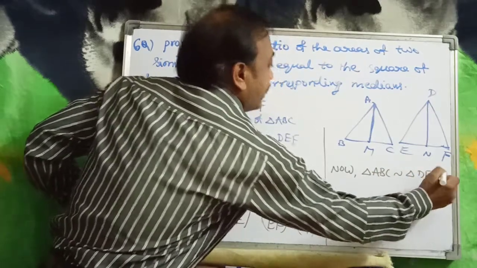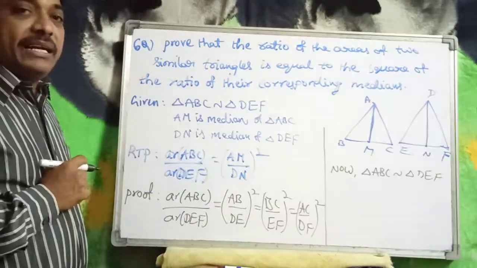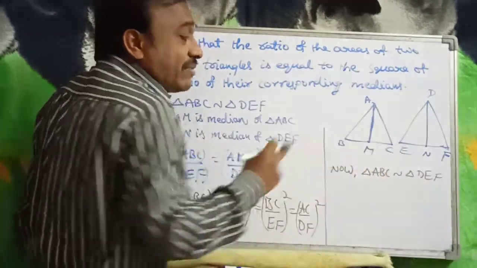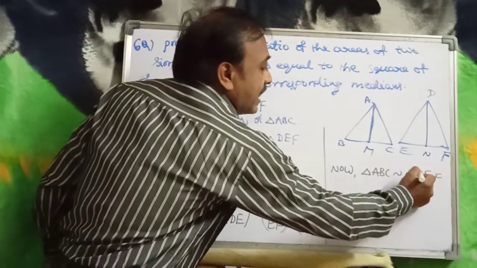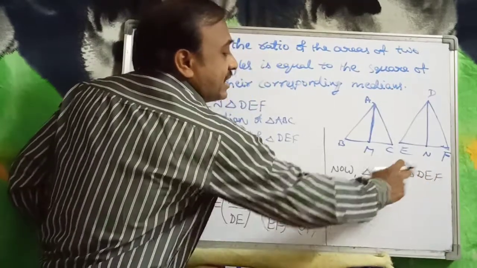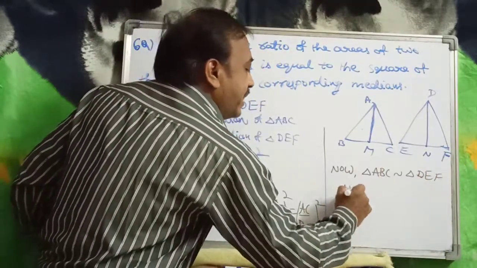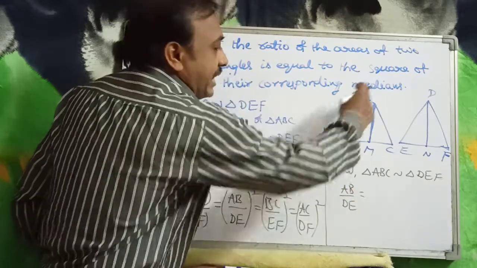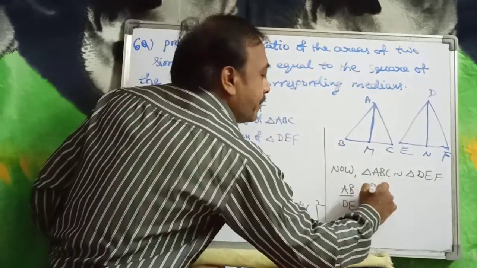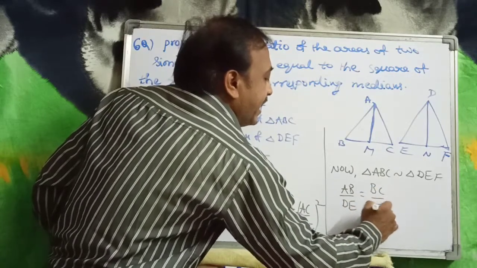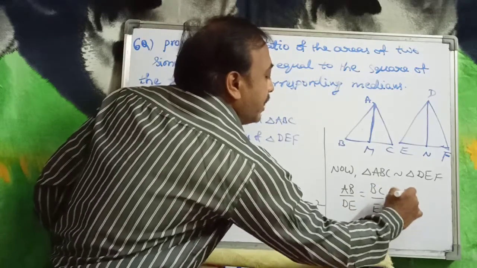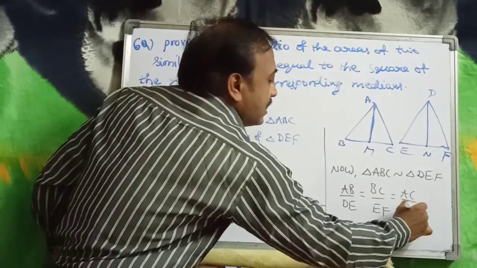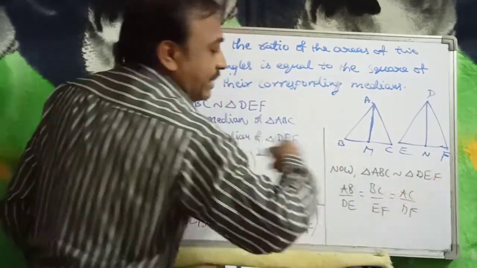So ABC is similar to DEF means AB by DE is equal to BC by EF is equal to AC by DF, since the triangles are similar.